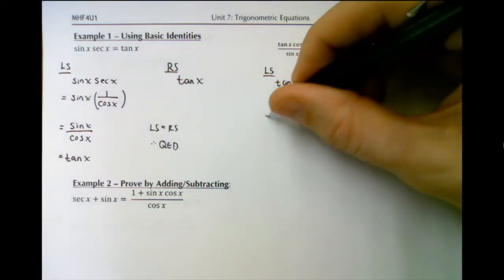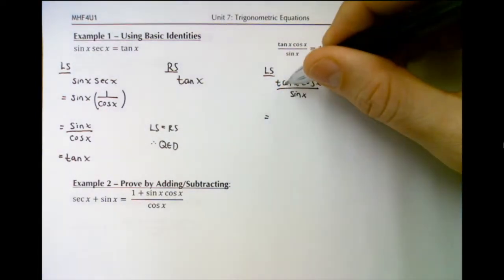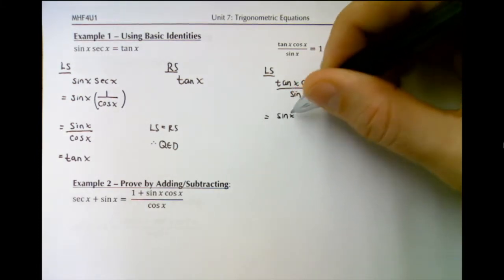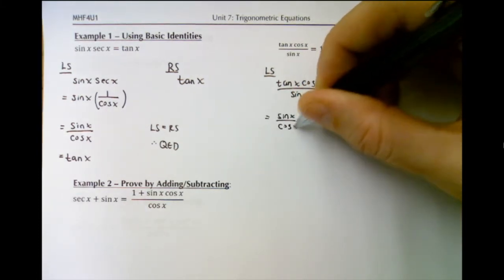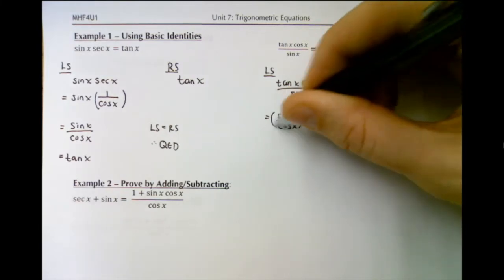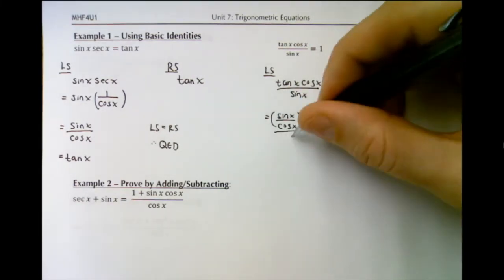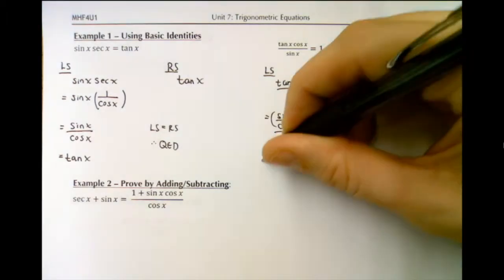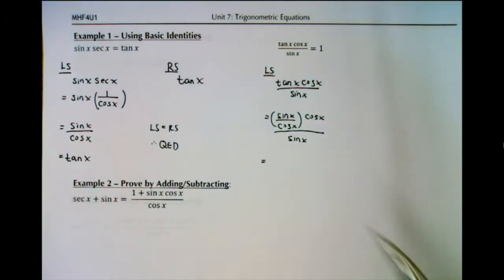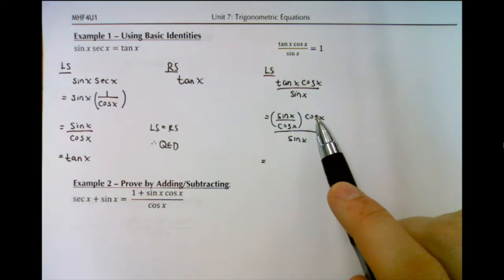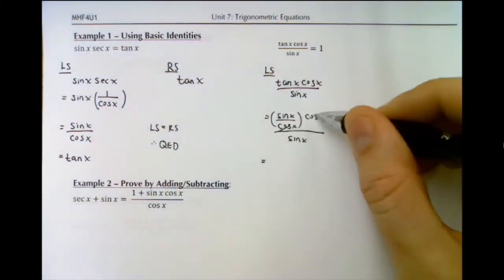So here we go. Tan, using the quotient identity, is just sine x over cos x. And we're going to multiply that by cos x on the top, and on the bottom we have sine x. Sine x over cos x times cos x: the cos x's will divide away.